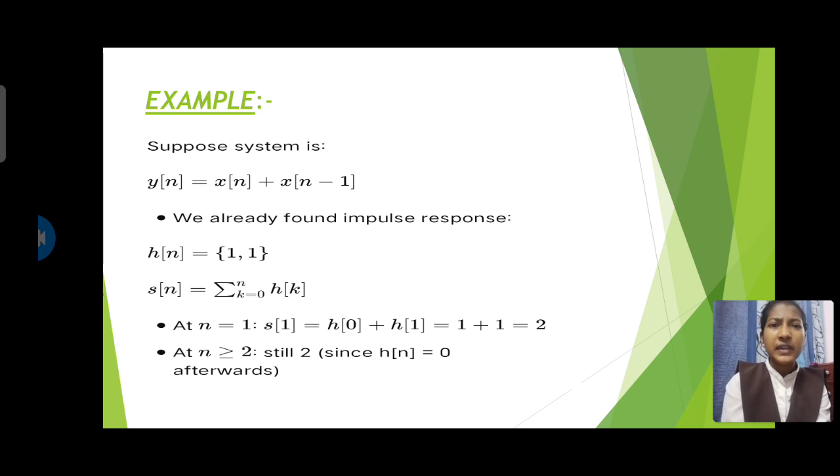Similarly, s of n is equal to sigma k is equal to 0 to n h of k. At n is equal to 1, s of 1 is equal to h of 0 plus h of 1, which is equal to 1 plus 1, which gives us 2. So for n greater than or equal to 1, it gives 2 only.